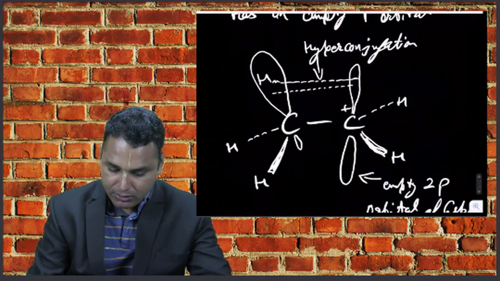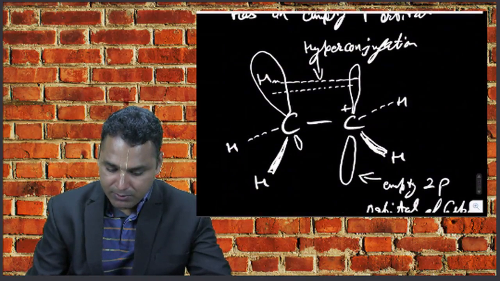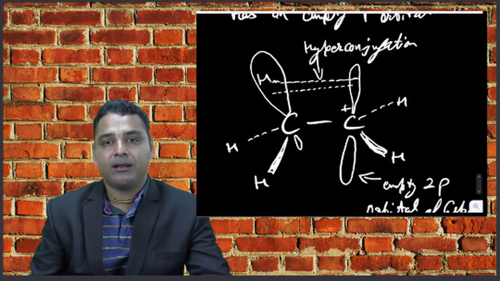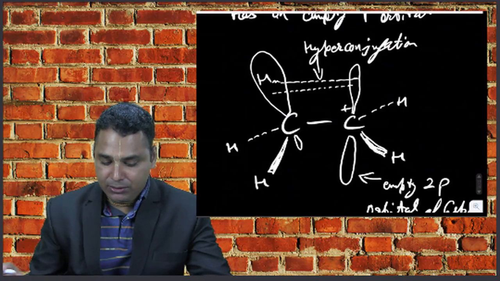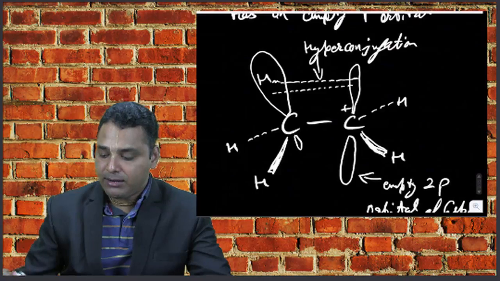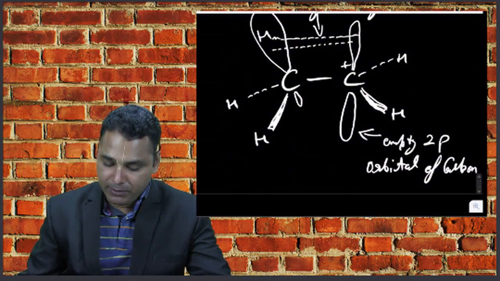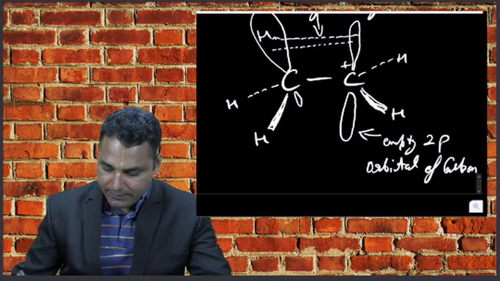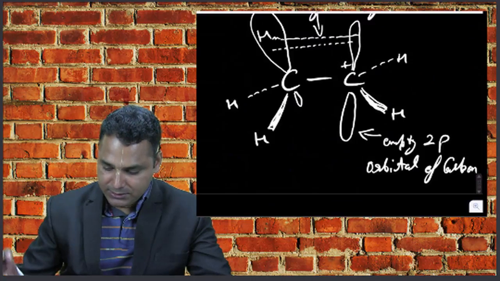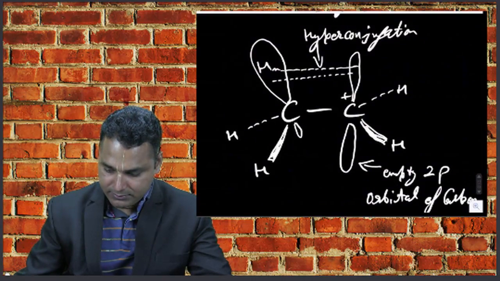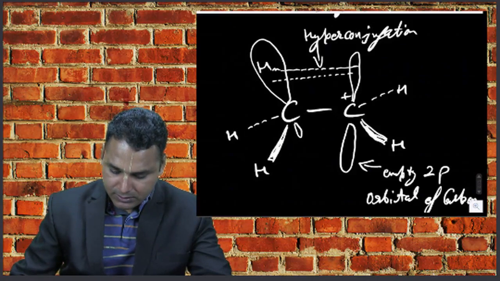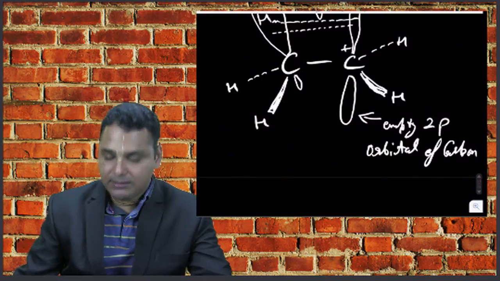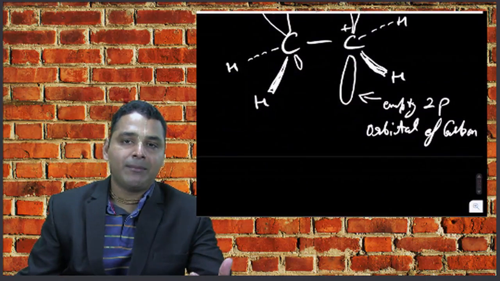The electrons constituting the carbon hydrogen bond in plane with this p orbital get delocalized into this empty 2p orbital, as shown in this figure. Why does this type of overlap happen?